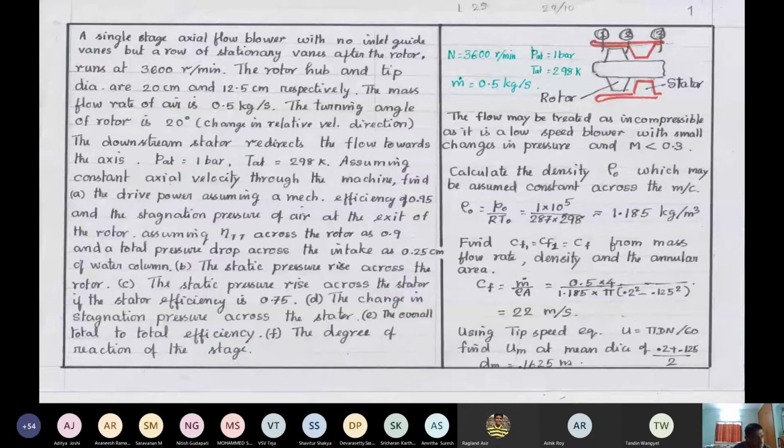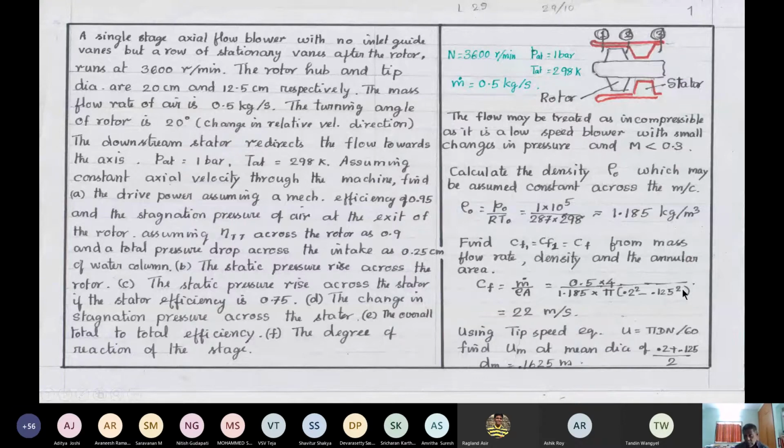It is 0.5 kg per second, divided by rho into area, which is pi into d tip square minus d hub square, then divided by 4. So 4 goes to the numerator, and this expression can be calculated, and you get CF as 22 meters per second.